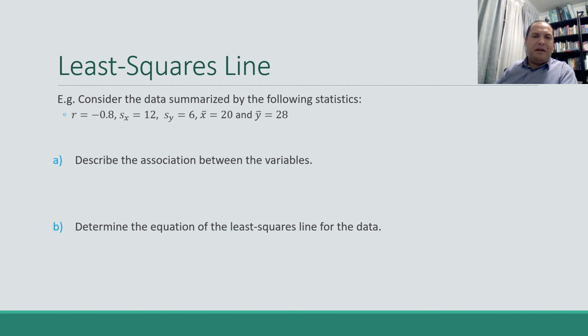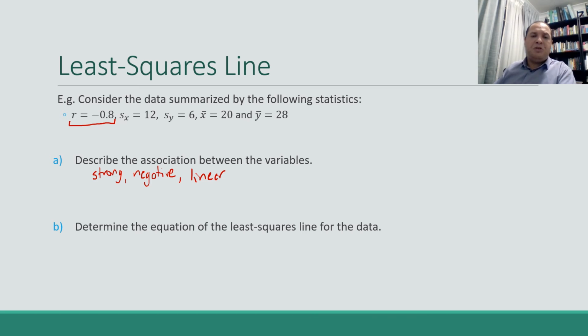Let's come back to our r value. 0.8, that's strong. It's negative, so negative association. And finally, for the very fact we're using a least squares line and Pearson's correlation coefficient, we can also say it is linear.